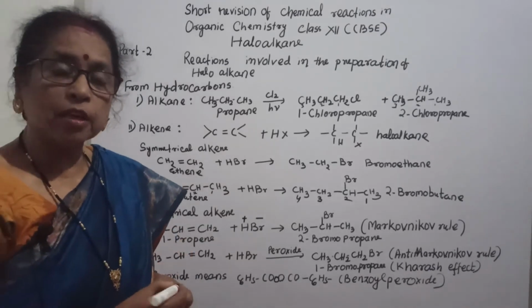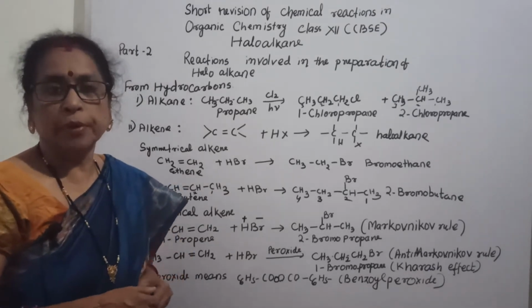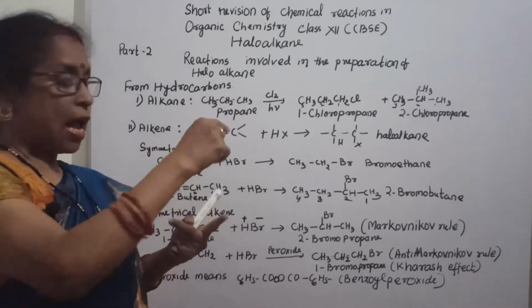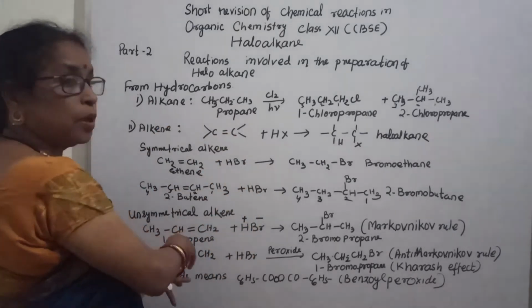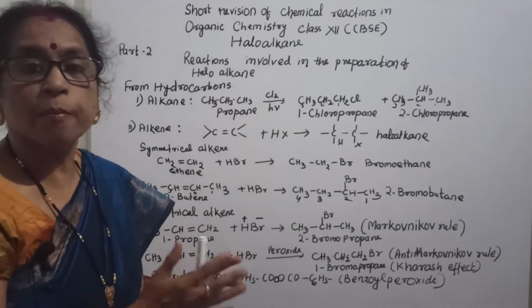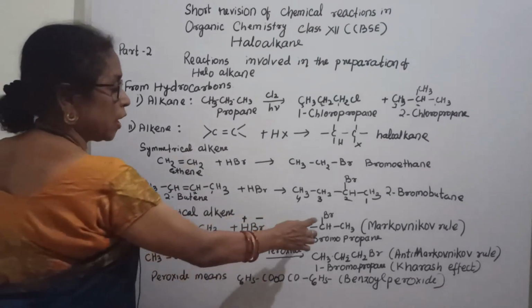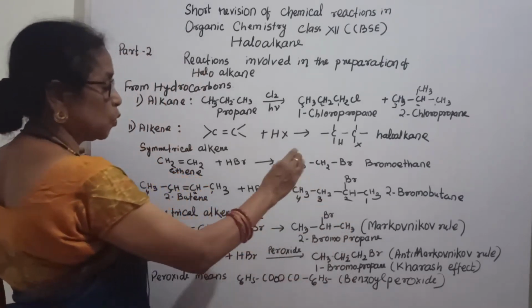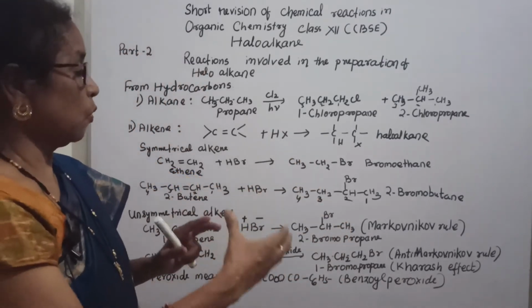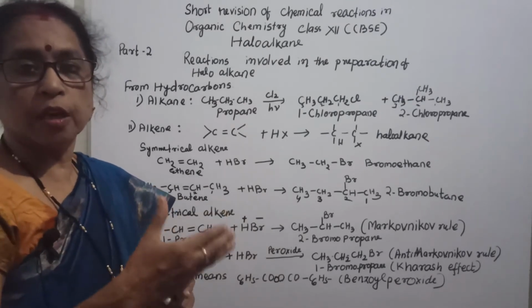Markovnikov's rule means the negative part of the adding substance goes to the carbon which contains the least number of hydrogen. That is why bromine comes here and hydrogen here. So what is the product? 2-bromopropane, according to Markovnikov's rule.